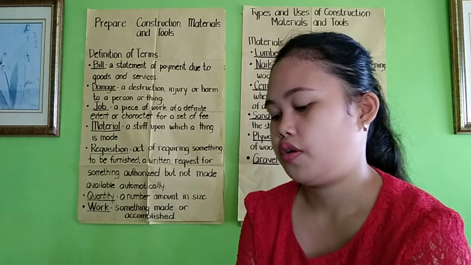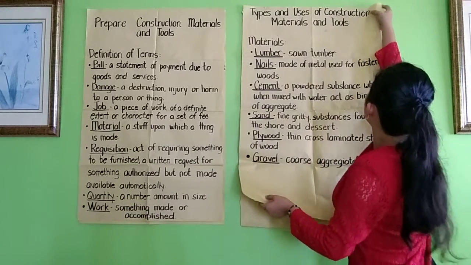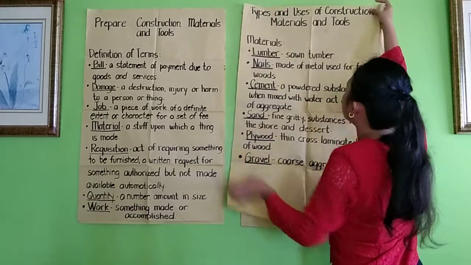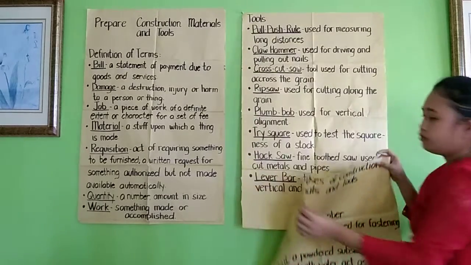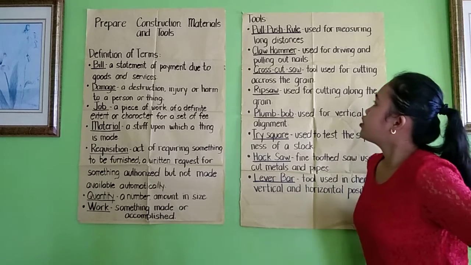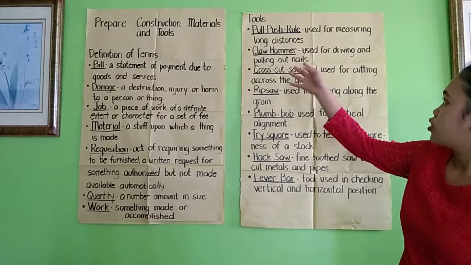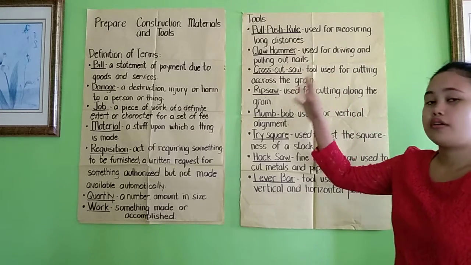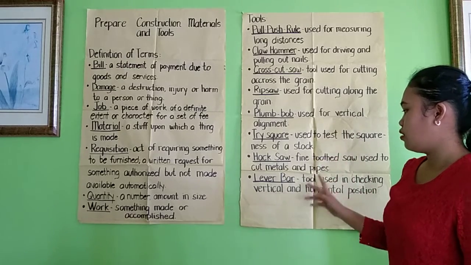Next, we're going to tackle the construction tools. Examples are pull-push rule, claw hammer, crosscut saw, rip saw, plumb bob, tri-square, hacksaw, and lever bar.